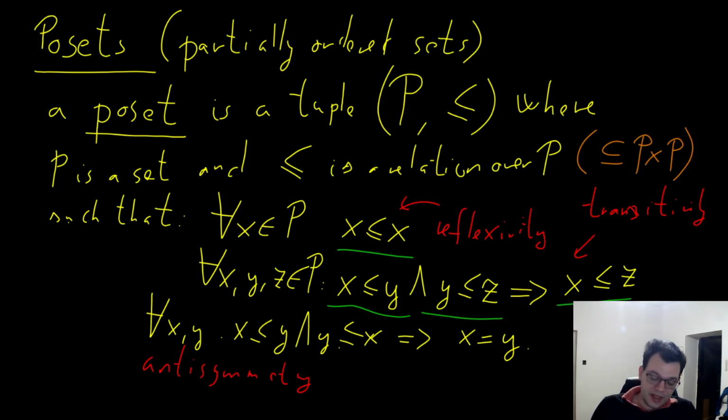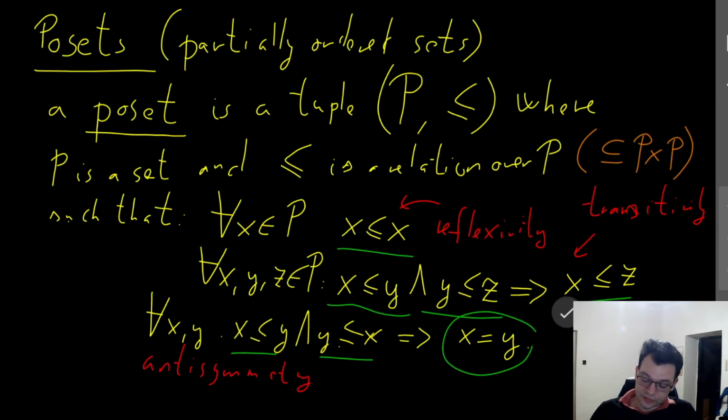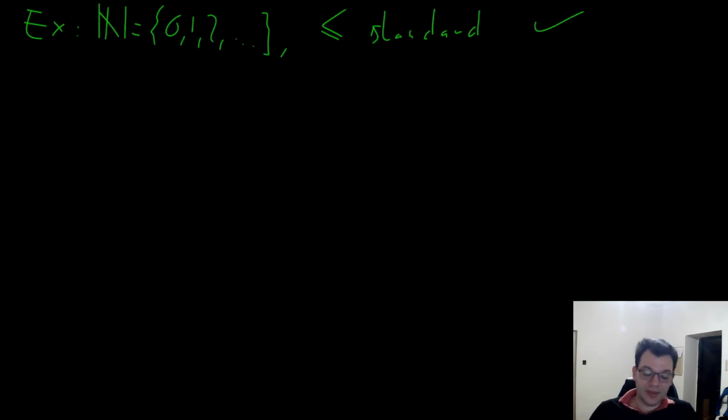And also if I have two numbers and one of them is a lower bound of the other and the other one is a lower bound of the former one, then they have to be the same. So this is a total relation. And actually, you can just work with the integers, with the rationals, or with the real numbers, also with the standard ordering of them. That's also fine.